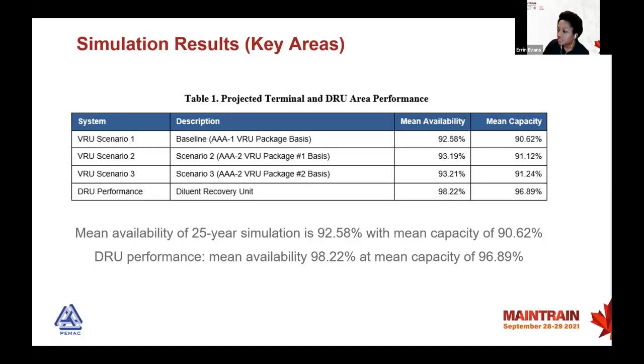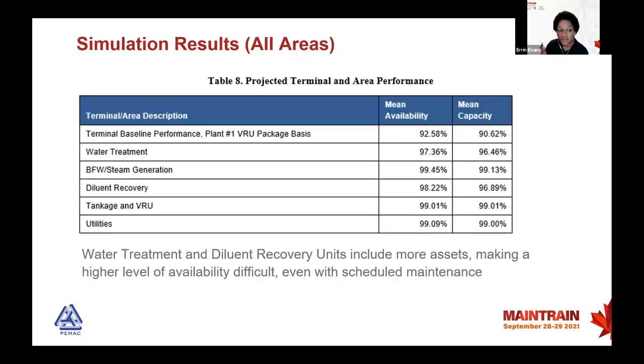But now I want to take you to see all of the areas all together. And remember, these are our 5 blocks in series. We see the water treatment area, the boiler feed water, steam generation, diluent recovery, tankage, and VRU, and then utilities.